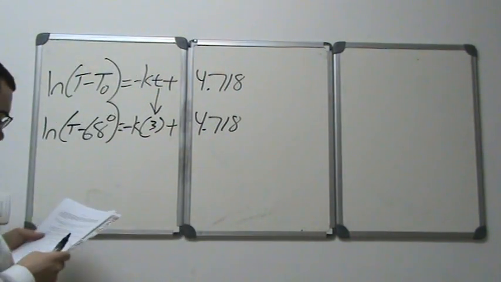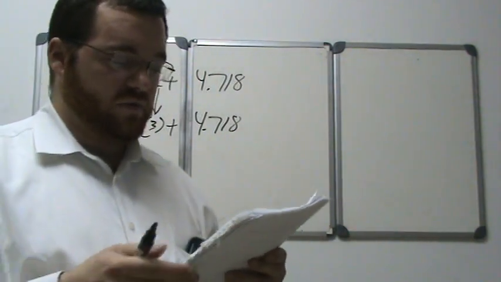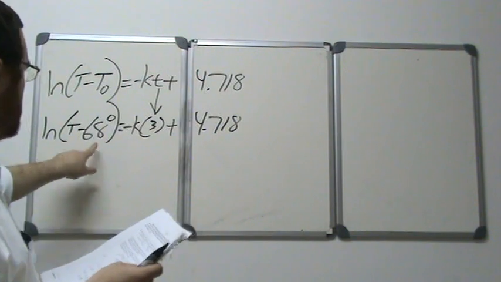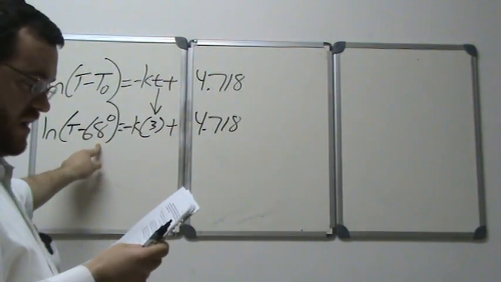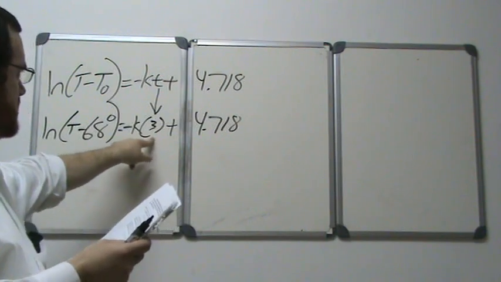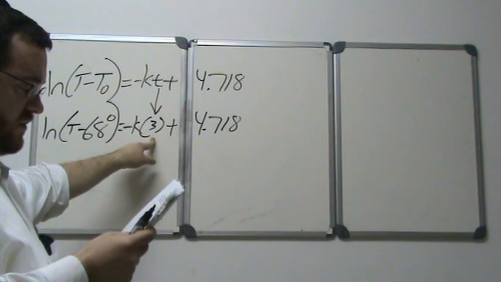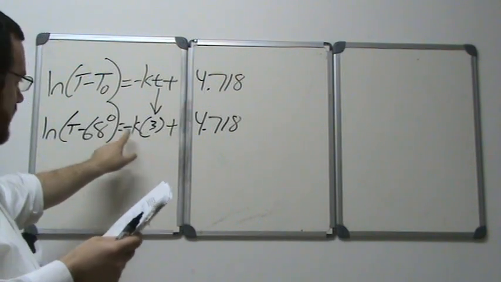So anyways, it says, a hot cup of chocolate is placed in a room that has a temperature of 68 degrees. So that's T sub 0, 68 degrees. After 3 minutes, that's negative k times lowercase t. The temperature of the hot chocolate is 150 degrees.